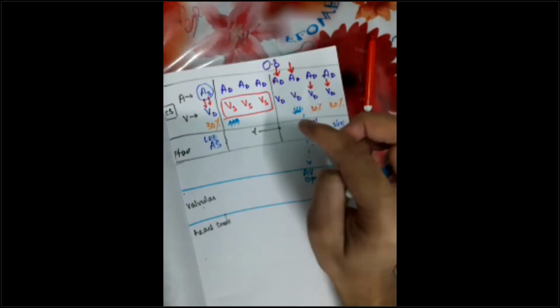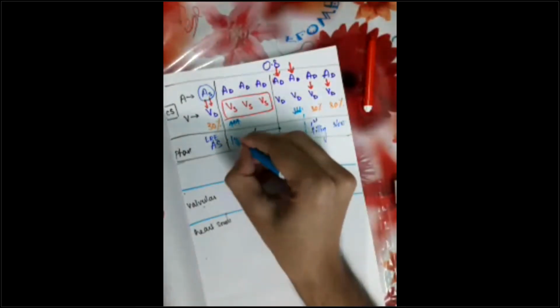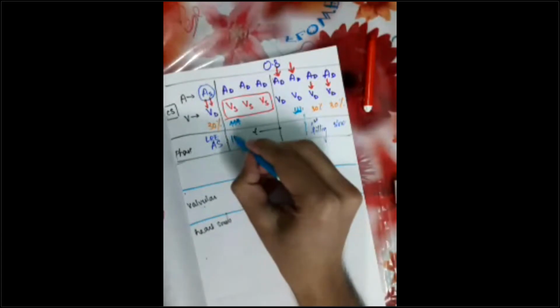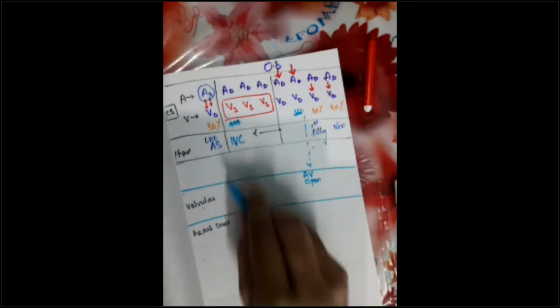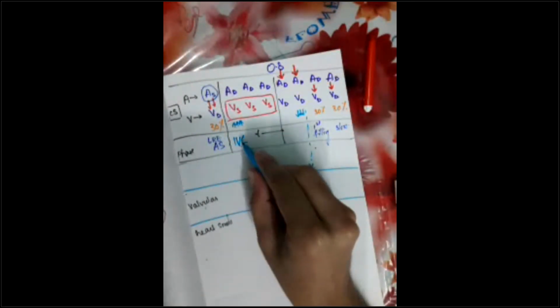Which phase am I talking about? Isovolumetric contraction. So phase number 2 here. Write down isovolumetric contraction. The volume is not changing, but pressure is rapidly increasing.